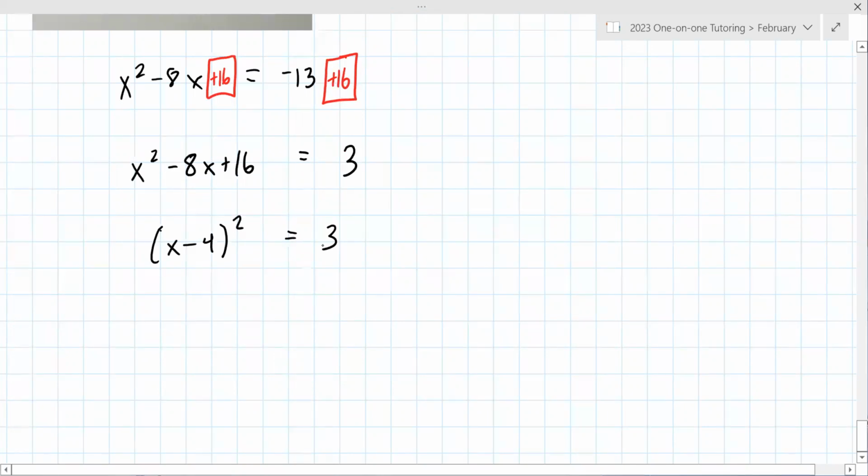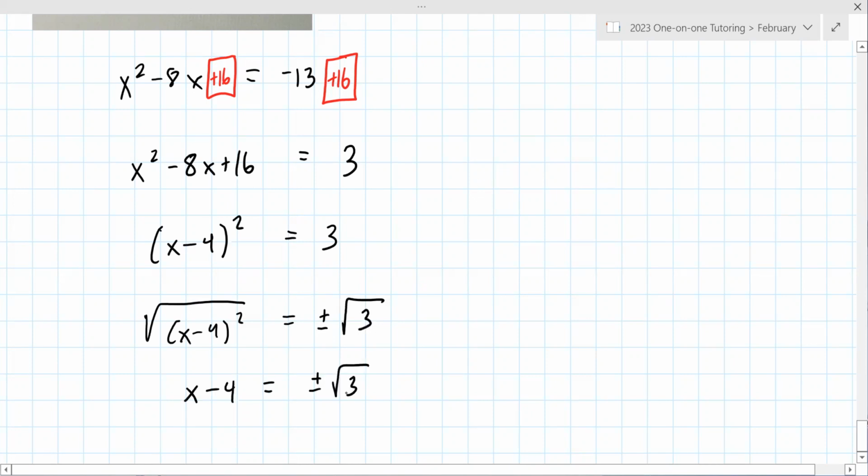What is the next thing to do from here? Find the square root. Yes. Now, what do we do on the right? That's what I'm mostly interested in. Tell me what to write to the right of the equal sign. Positive or negative square root of 3. Good. Very good.